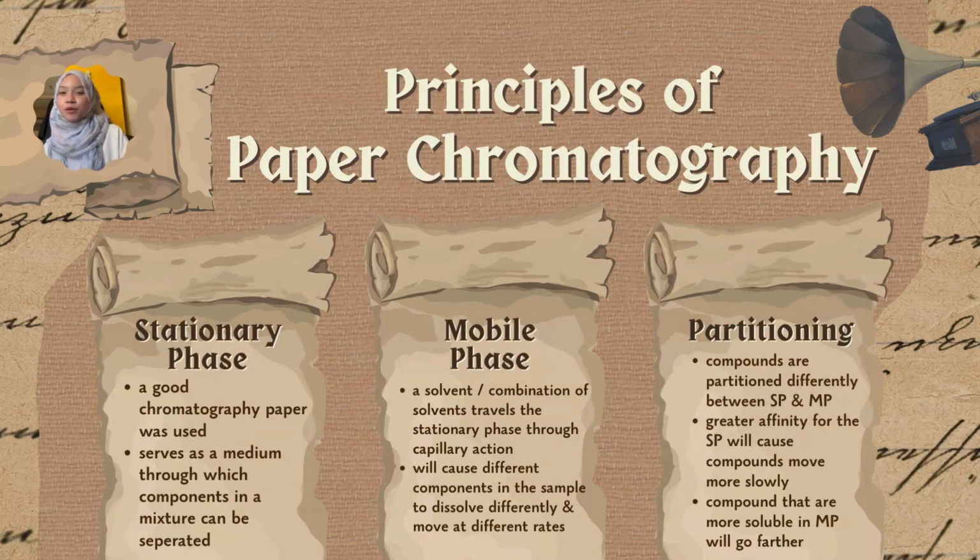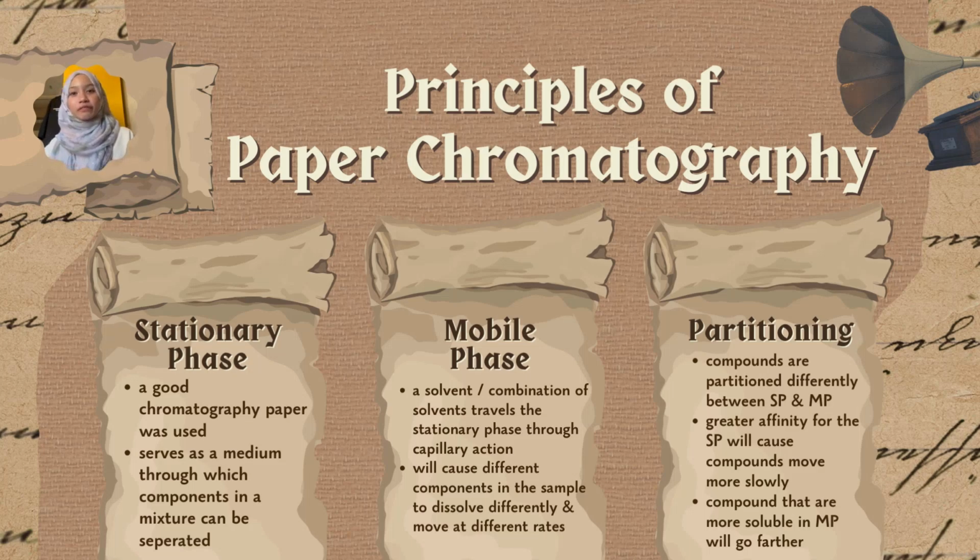Principles of paper chromatography. First, stationary phase. Good chromatography paper is usually used as the stationary phase in paper chromatography. This paper serves as a medium through which components in a mixture can be separated. Next, mobile phase. A solvent or a combination of solvents travels through the stationary phase by capillary action as the mobile phase.